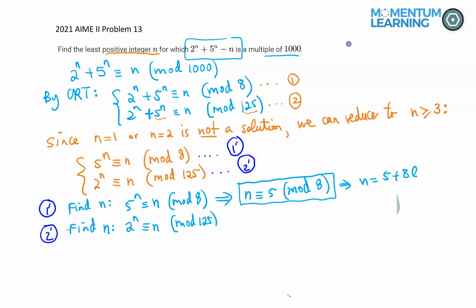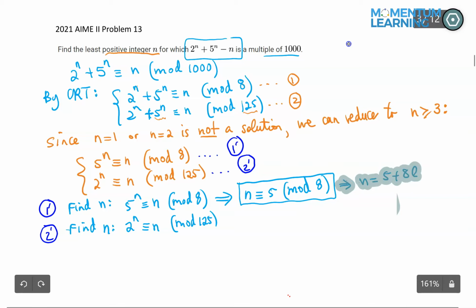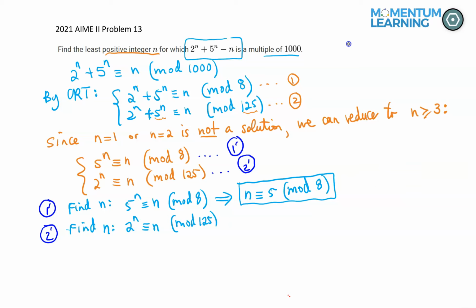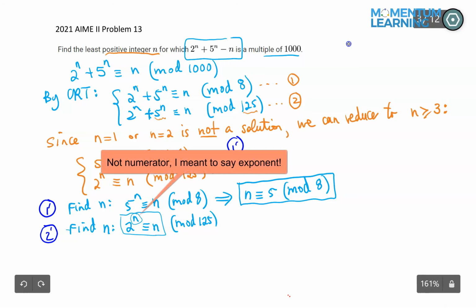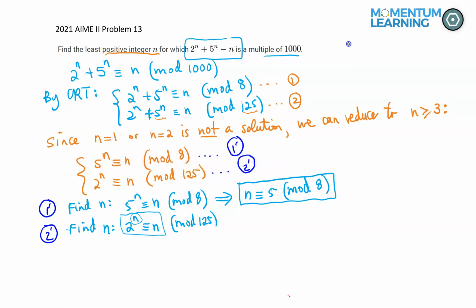We are not going to be tempted by plugging in things and solving it by pure bash, because we want n to be congruent to 2 to the n modulo 125. That is equivalent to, when you think about it, the only way we can solve this thing is to first of all understand what n is in the exponent, modulo phi of 125.